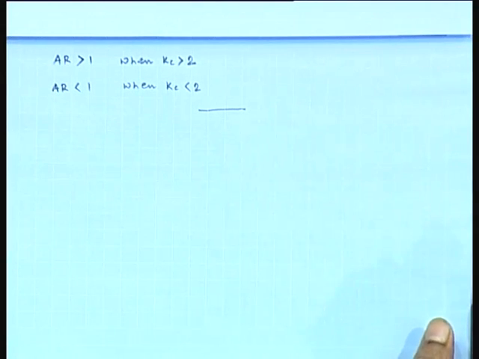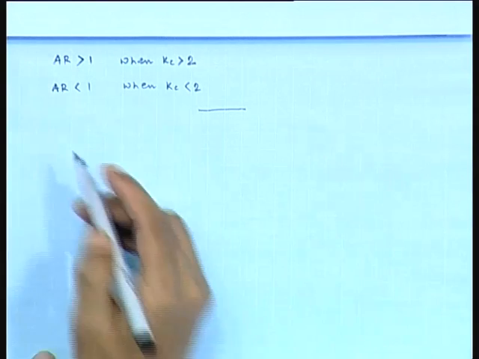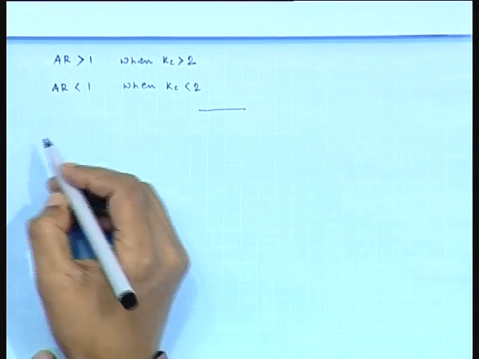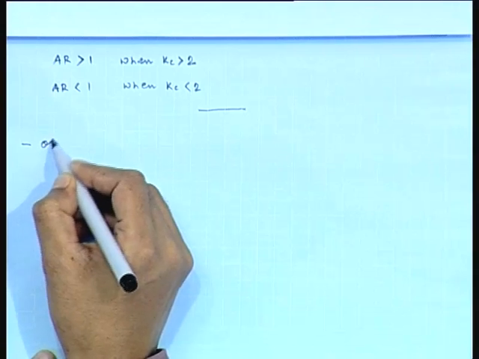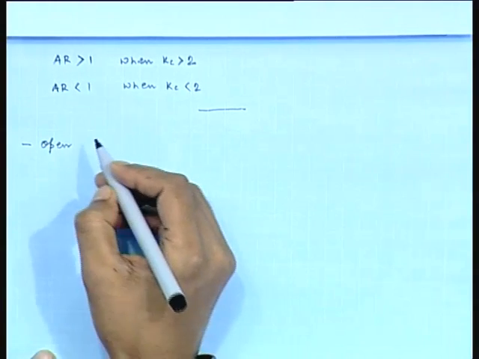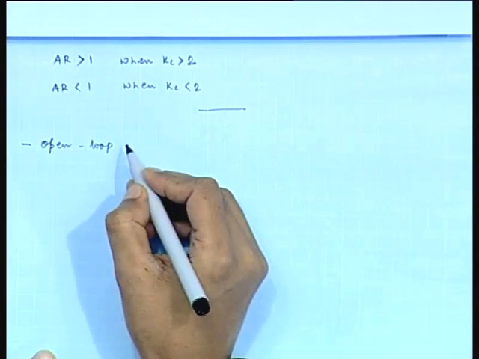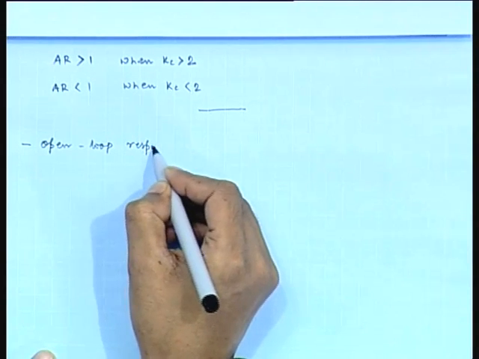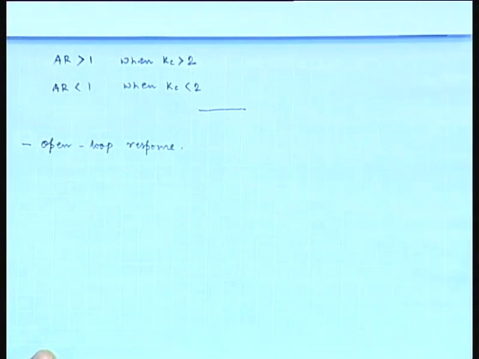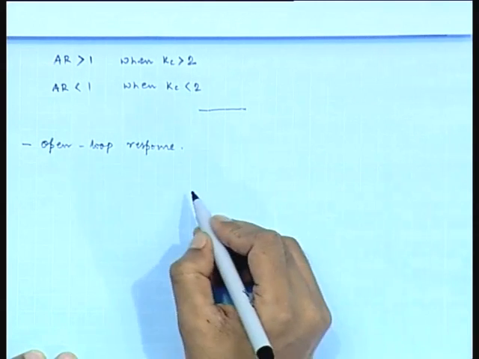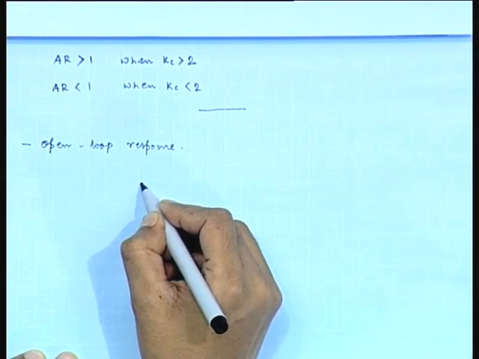So, today we will start with the open loop response. Next we will find the open loop response of the example system. Now, how we can open the loop?